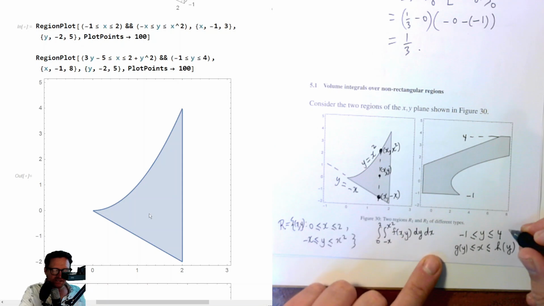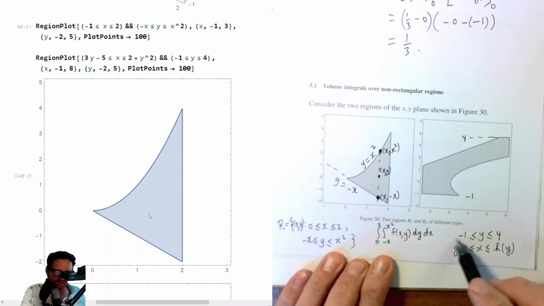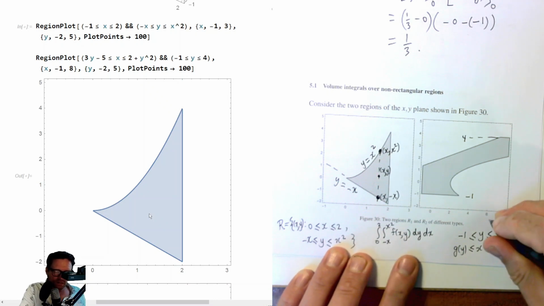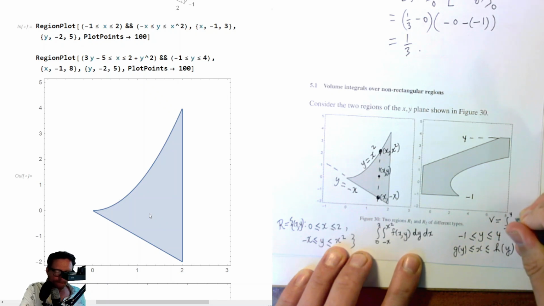Okay, so in this case you would write your integral the other way around, putting the constants on the outside. So you would put V equals the integral from minus 1 to 4. So you'd have your f of x y here, and then you put dx dy.